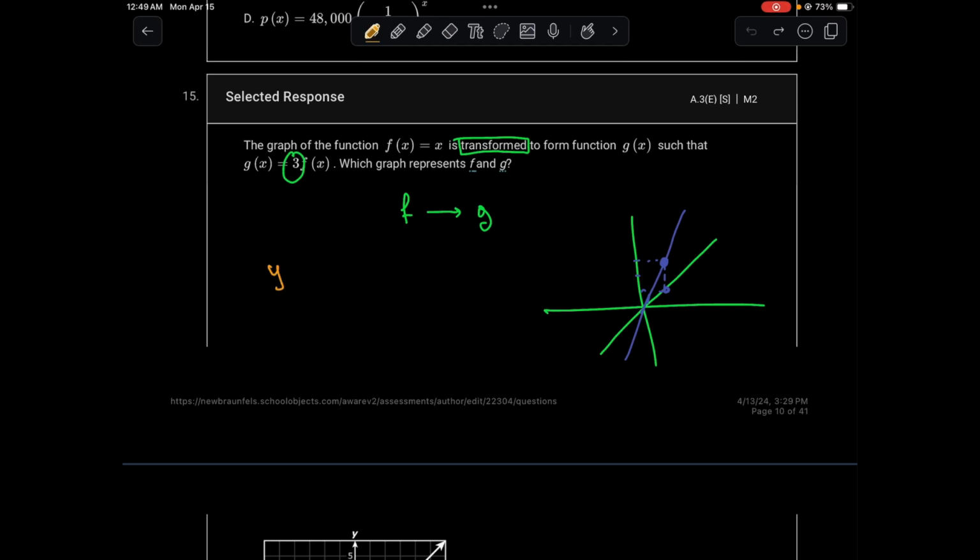If it's g of x equals 3 times f of x, it's not associated to the x, it's y, then it gets taller. Where if it was f of x plus 3, then you shift 3 steps up. Where if it was minus 3, 3 steps down. So the y coordinate follows common sense.